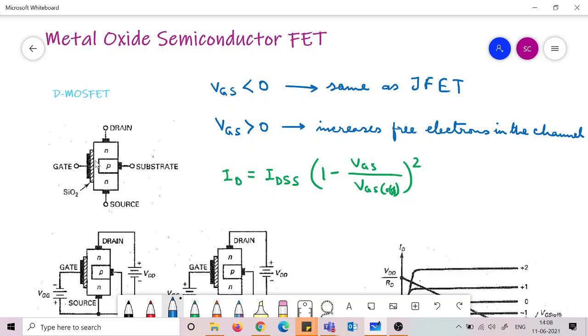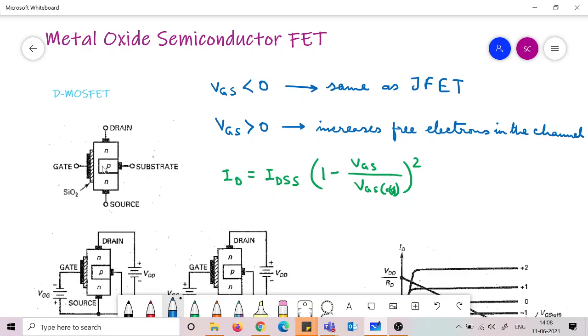Another important thing is this, that the gate lead here is coming to a metal plate, but this is not attached to the N-type semiconductor directly. In junction field effect transistor, JFET, it was directly attached to the P-type material, right?